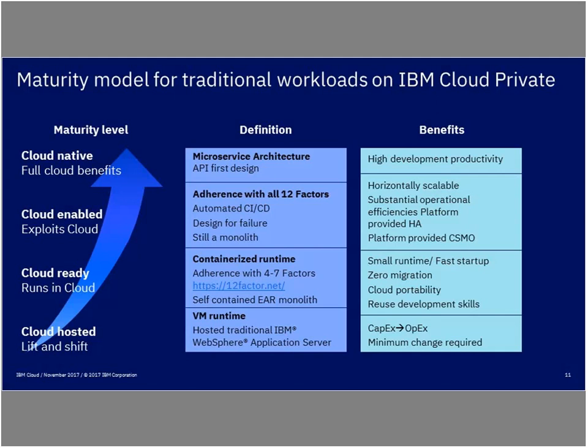Again, I'm not going to read this slide. There are inherent benefits for each one of those, and where you are in this line and where you want to end up really depends on the application. But IBM Cloud Private allows you to take this path from the start to the beginning and really determine which step you want to run in.